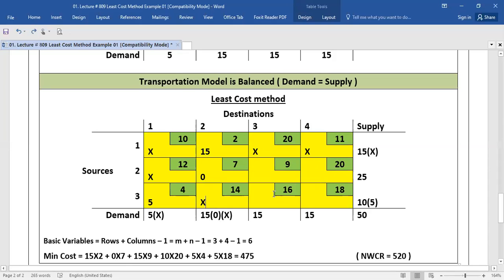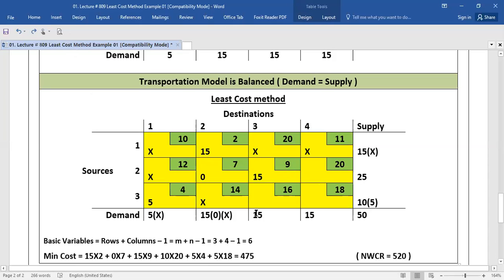Now for the next allocation, you see that 9 is the least cost from among these, so this cell will be selected for the next allocation. You will put 15 here, as 15 is the demand and supply was 25. Which is least?